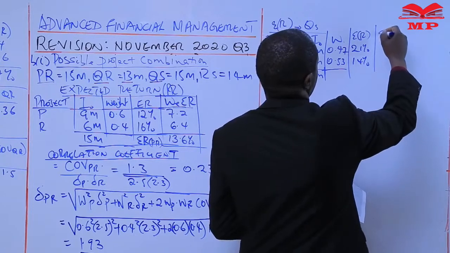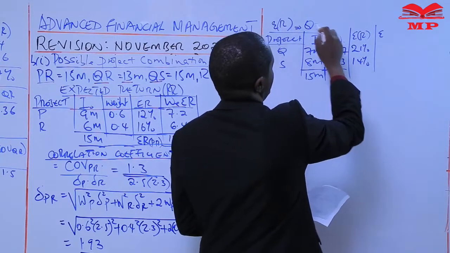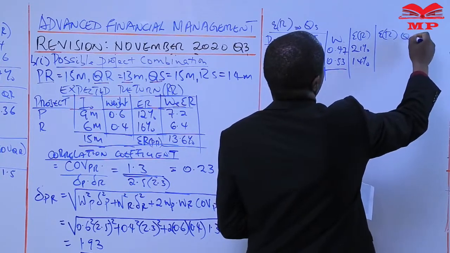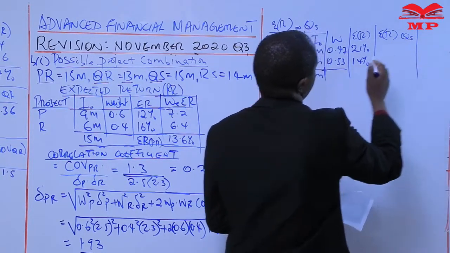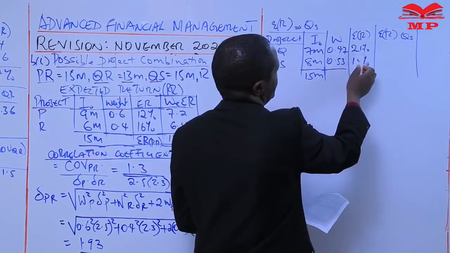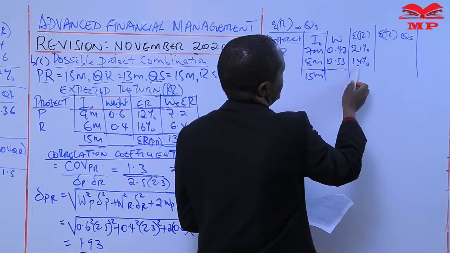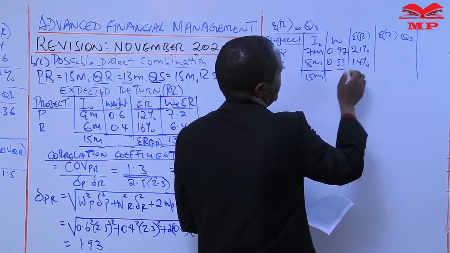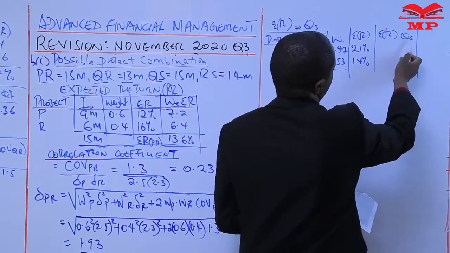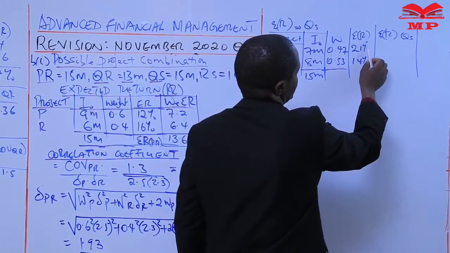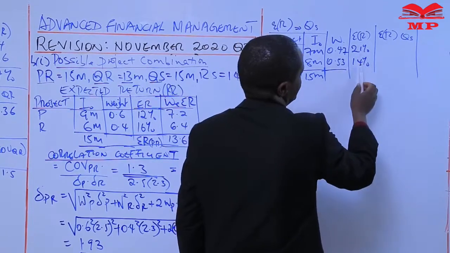So the expected return for the portfolio QS will be 0.47 times 21% plus 0.53 times 14%.